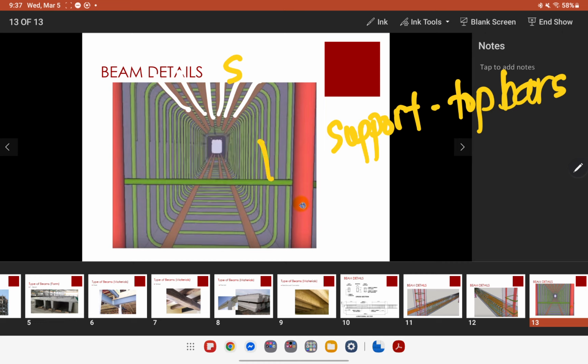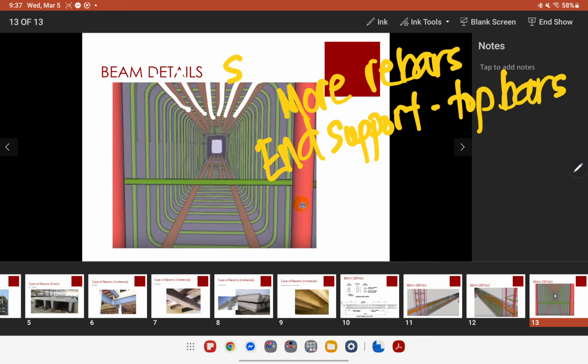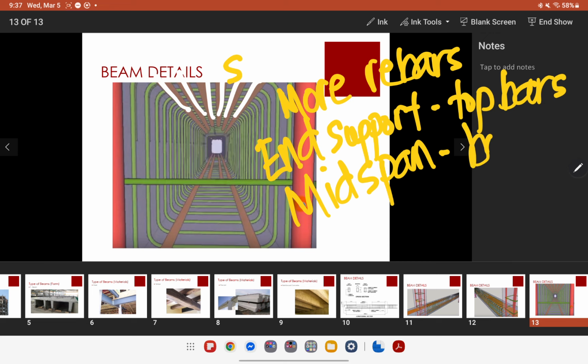Call this end support. There's more rebars at the end support for top bars, and there's more rebars at the midspan for bottom bars. So please take note of that.